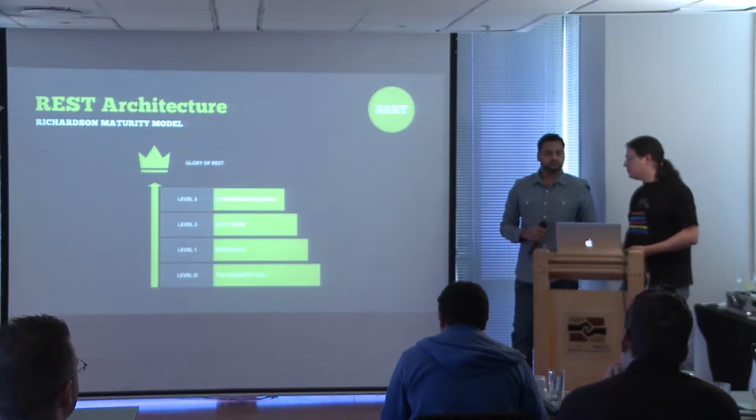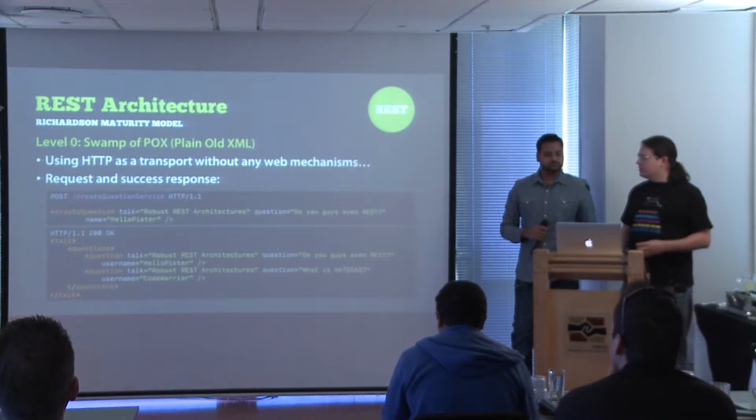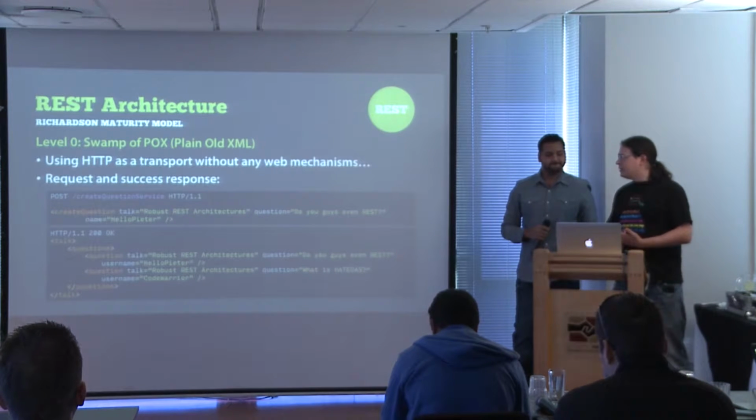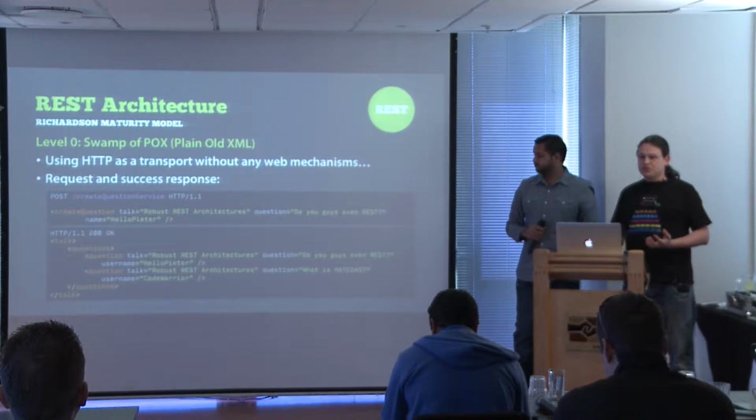So the first level is the swamp of POX, or plain old XML. That's basically where you're just using HTTP for transport, if that's your idea of a REST service. It's basically calling something over HTTP by sending a message, and the server does something, and it will send back a response. And there's no pattern or logic to that. You've got this request message, which means you're going to get some processing done that produces that response message.